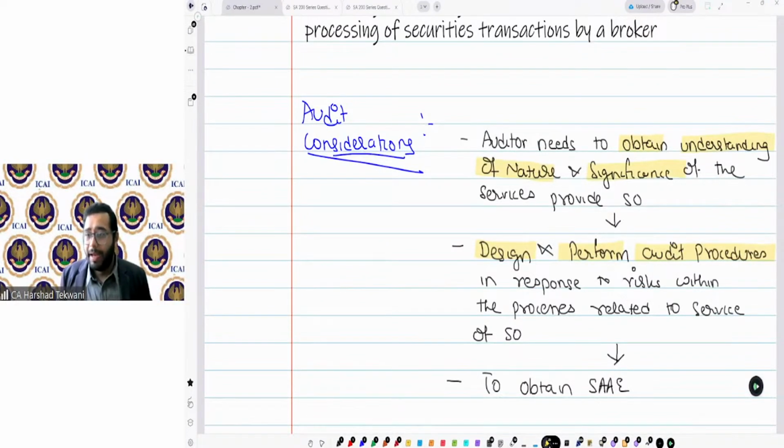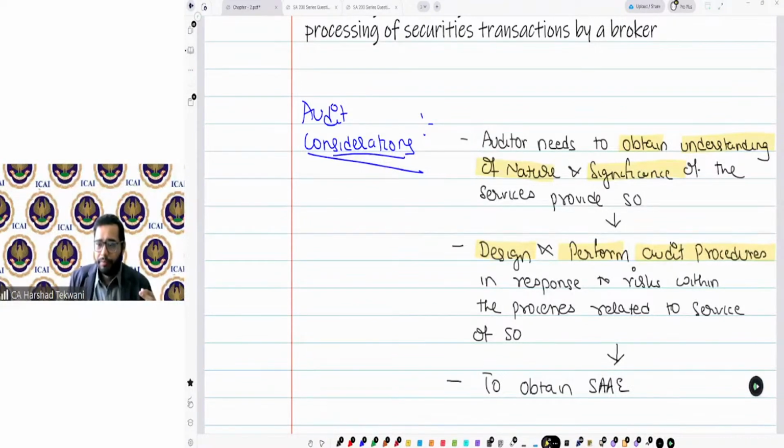Then how can I do that? For that, we need to understand two things. One is what type 1 and type 2 reports are, and how they can help us in designing and performing audit procedures so that we can obtain sufficient and appropriate audit evidence.